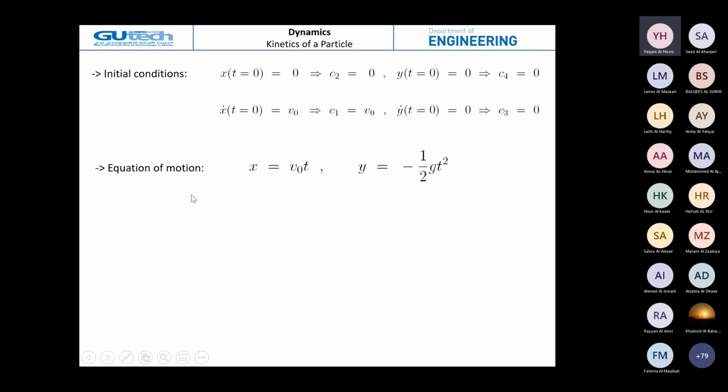Then what we have here is the equation of motion, that means the kinematics: x for the position is only v0, the initial velocity, multiplied by the time, and in y direction it's minus half of the gravitational acceleration times t squared.